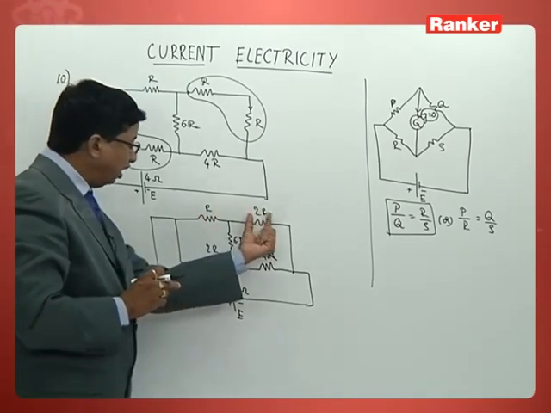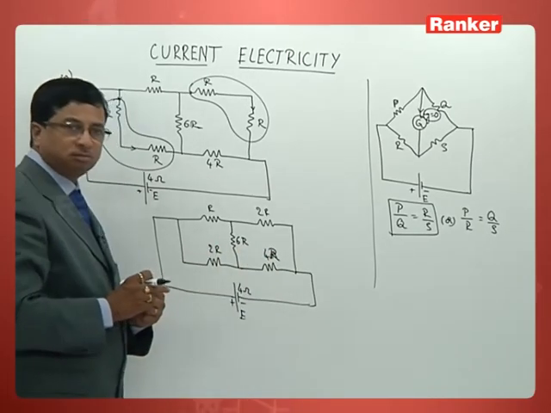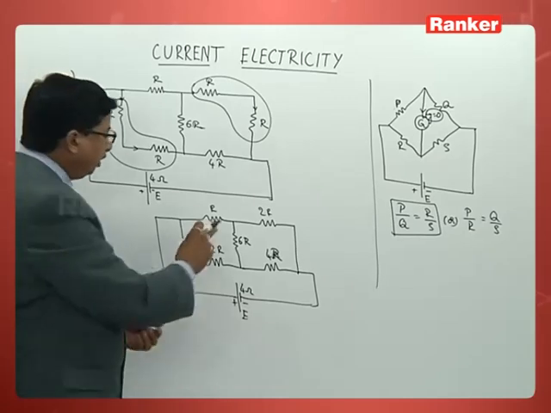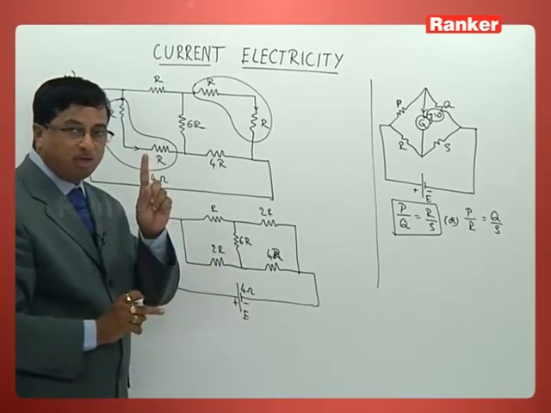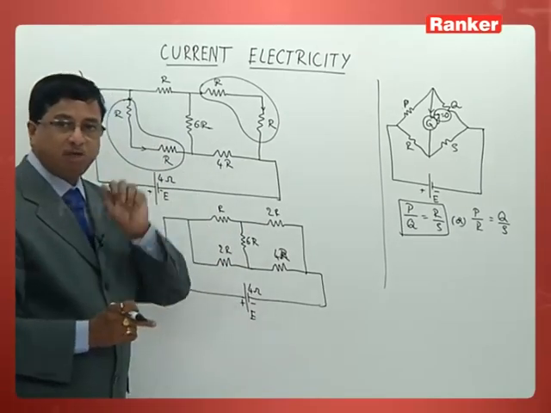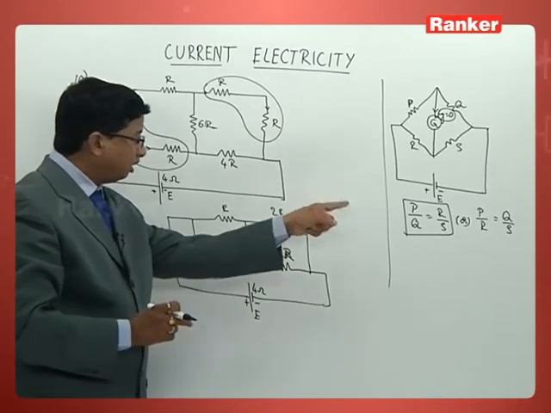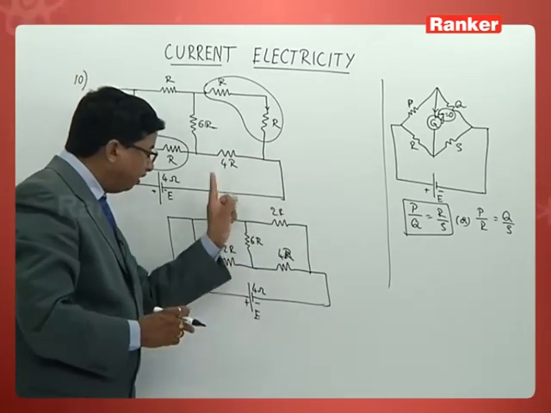R by 2R is equal to 2R by 4R. Exactly, what is R by 2R? 1 by 2. What is 2R by 4R? Again 1 by 2. That means P by Q is equal to R by S concept is directly valid here.